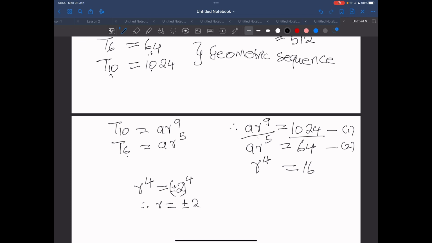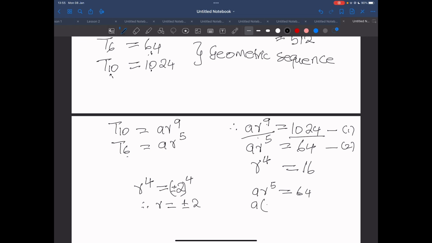Right, so we can get the value of a. We can take any of the terms that we had there. So let's take term number 6. We said that term number 6 is ar exponent 5, which we said is 64. And then we can substitute. Let's start with this positive 2.